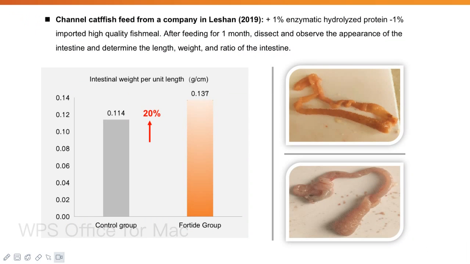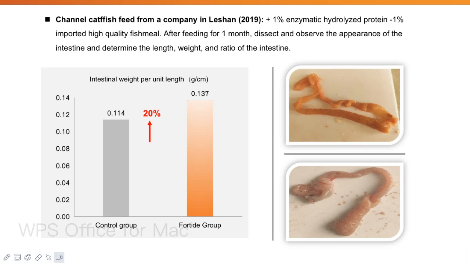And in actual aqua farming, we also found that the growth of the intestine is better after using Fortide, and we usually use the weight of the intestine to measure the health and development degree of the intestine. The heavier the intestine is, the better the development of the intestine.